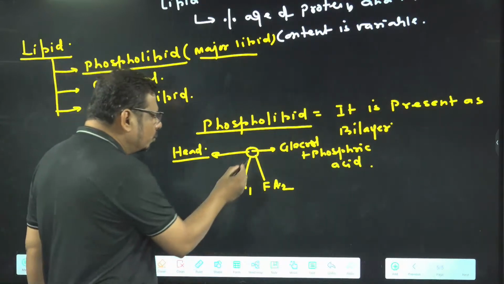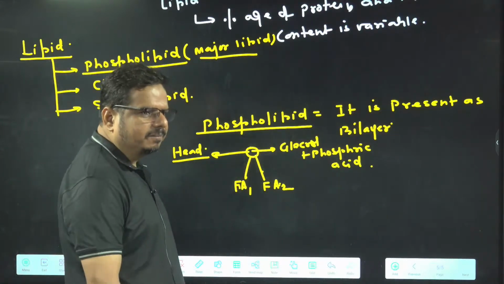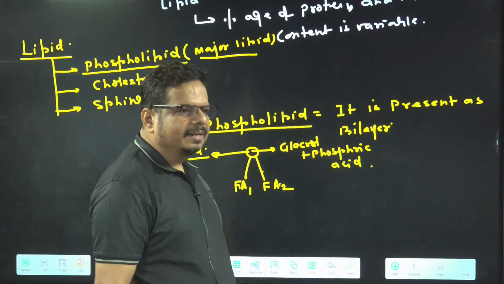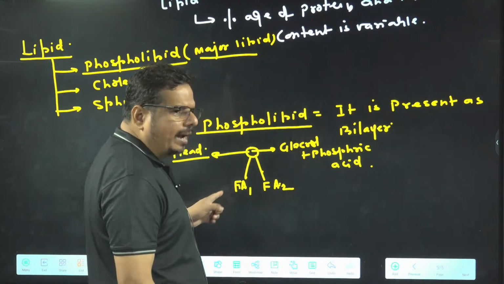So here 2 fatty acid chains are attached with glycerol plus phosphoric acid. With glycerol, 2 fatty acids are joined.